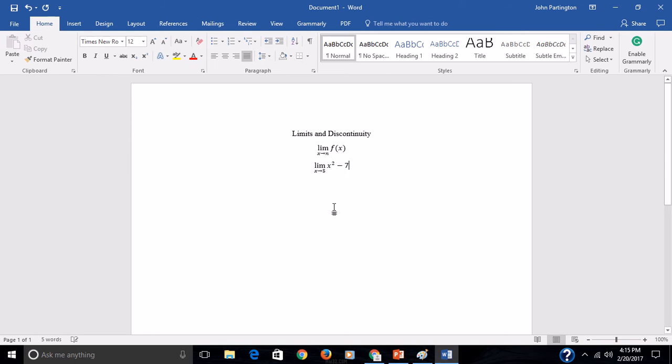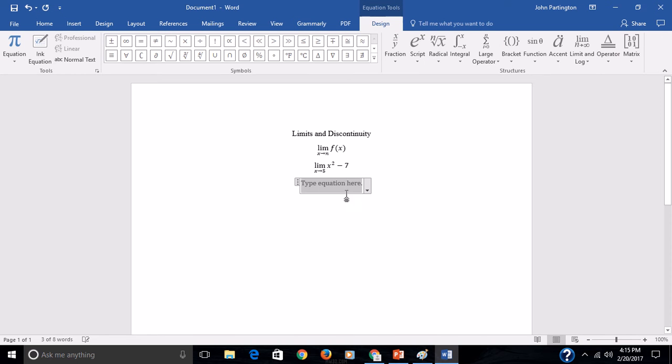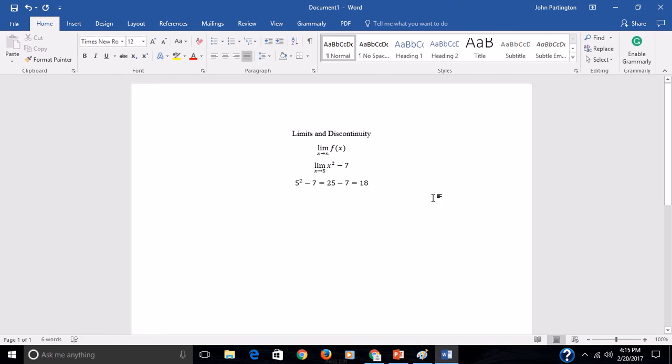Now, what we're going to do here is assume that this x value has become 5, because there's nothing discontinuous about this function. So what we can do is substitute 5 for x. We are going to be left with 5 squared minus 7, which will be equal to 25 minus 7, or 18. So we've evaluated our first limit. Does not seem too bad.